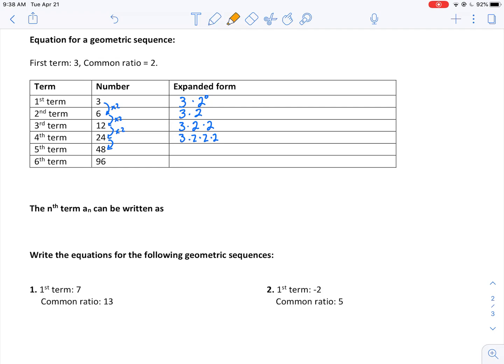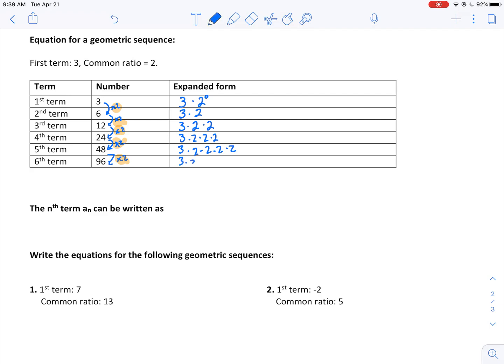Okay, for the fourth term, I took 3, so times 2, times 2, times 2. And how many times did I have to multiply by 2 to get to my fifth term? So 1, 2, 3. I gotta multiply by 2 again.